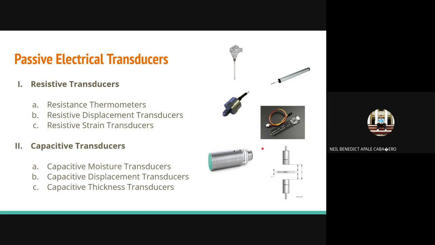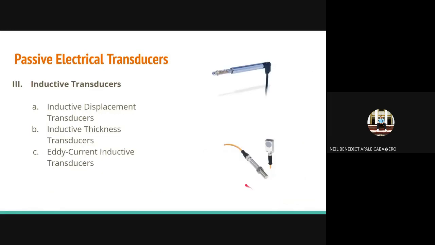Also non-contact devices, capable of high-resolution measurement of the position and change of position of any conductive target. The one in blue at the bottom is an example. Lastly is the capacitive thickness transducer. Same concept as the displacement transducer, but more refined, since it uses much smaller units. So next slide please.